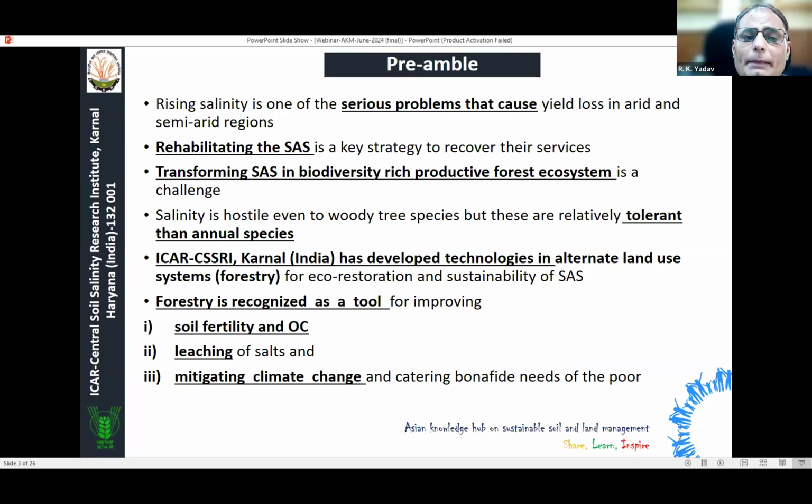It has the capability to increase soil fertility and soil organic carbon, leach the salts, and finally address the climate vagaries that we are facing nowadays.